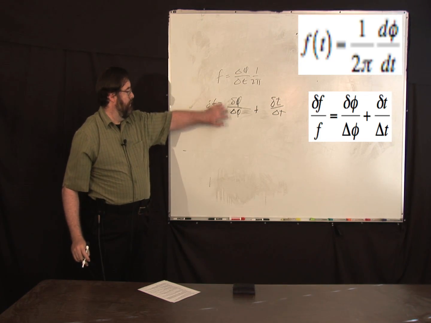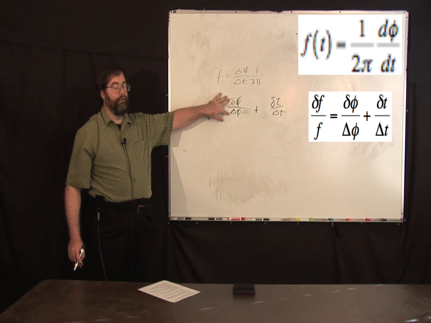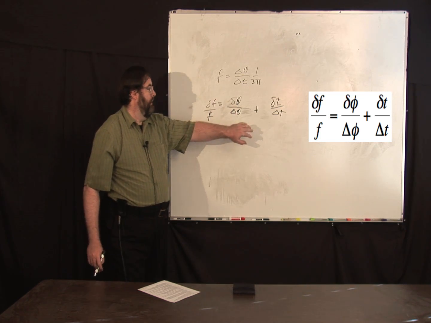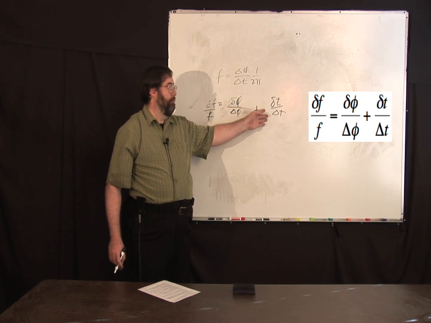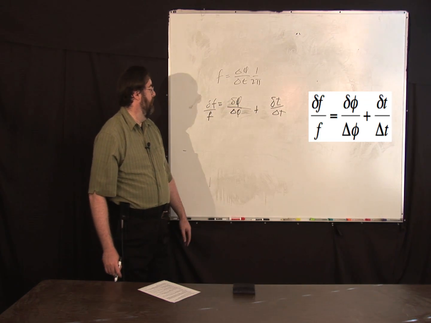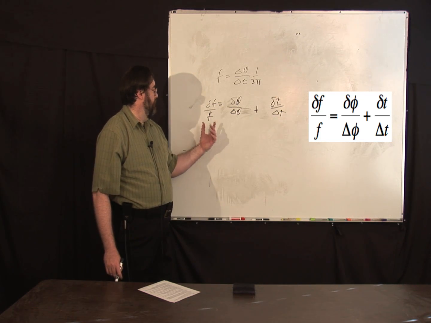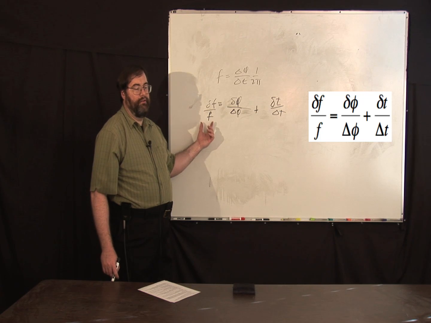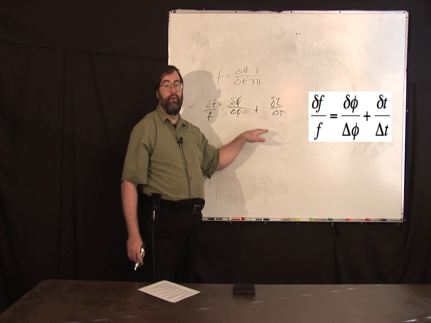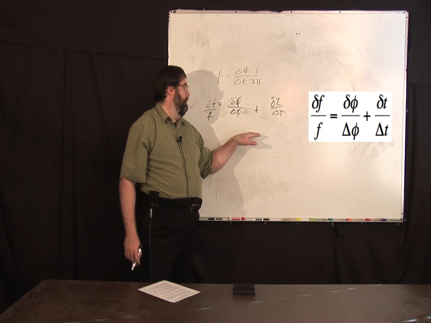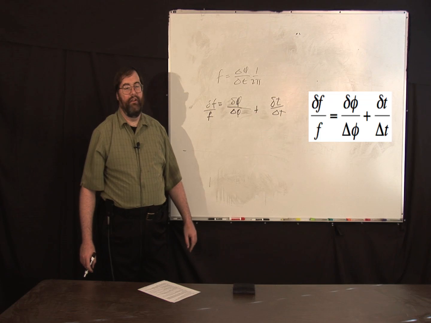So if this phi gets big enough, this term goes down. In other words, you have to wait a long time. If delta t is long enough, this gets real small. You can make this arbitrarily small by just waiting a long time. Of course, in the real frequency measurement, there's another term that you have to take into account, and that's the uncertainty of your standard.